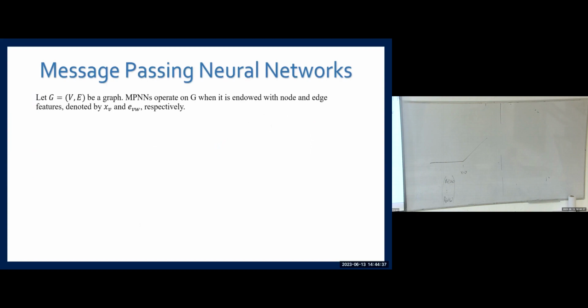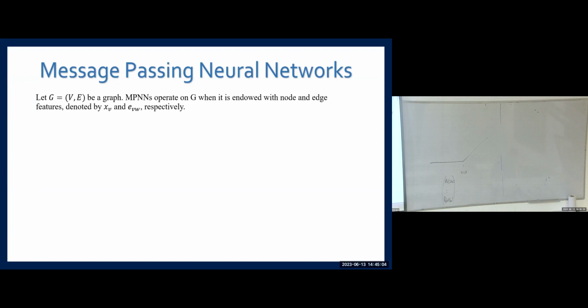Okay, so now we're going to discuss the popular architecture we discussed for processing molecular input. These are called message passing neural networks. They process graphs. So let G be a graph. MPNNs operate on G when it is endowed with node and edge features denoted by x_v and e_vw.